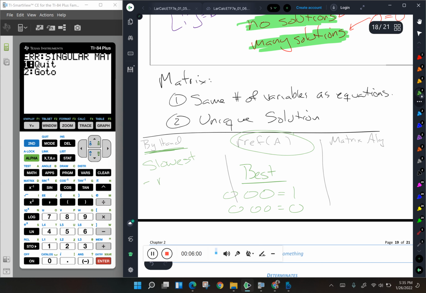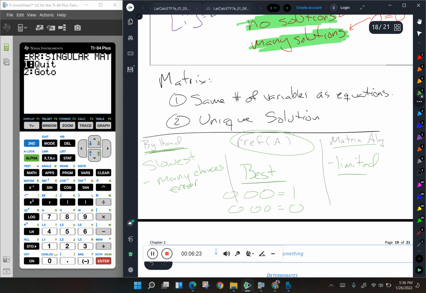It's also the one with the most chance for error. So you have many possibilities for error, many chances for error, because you're touching every single equation many times. And this one over here, yeah, matrix algebra is good, but it's very limited.